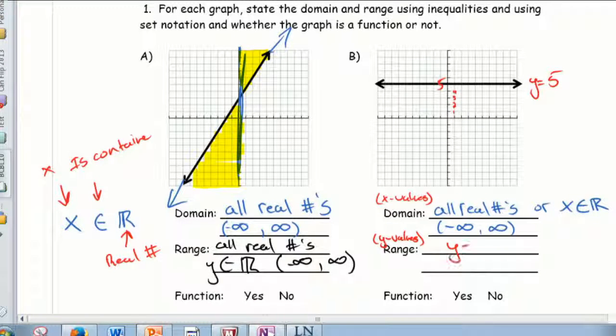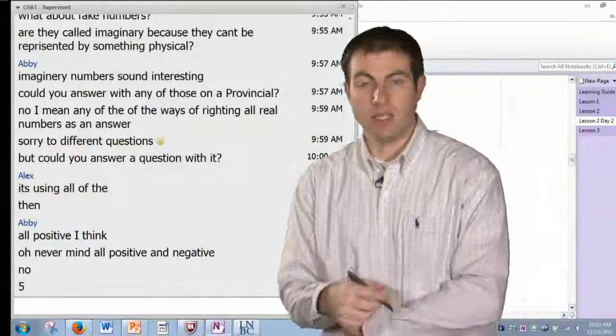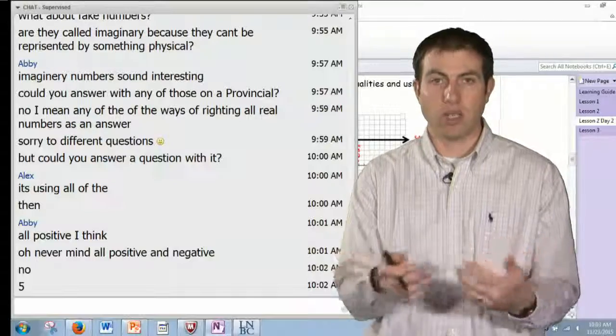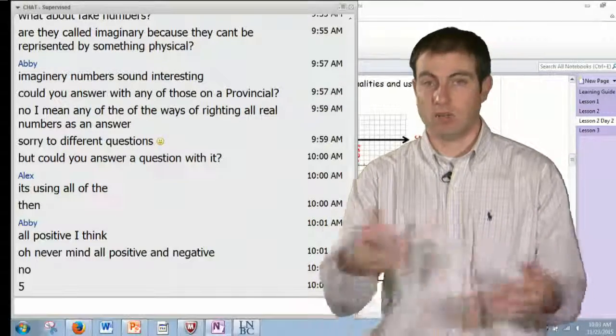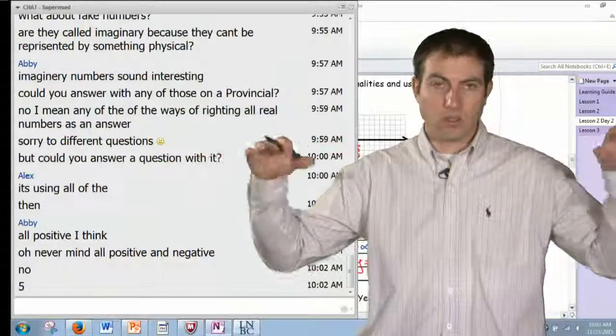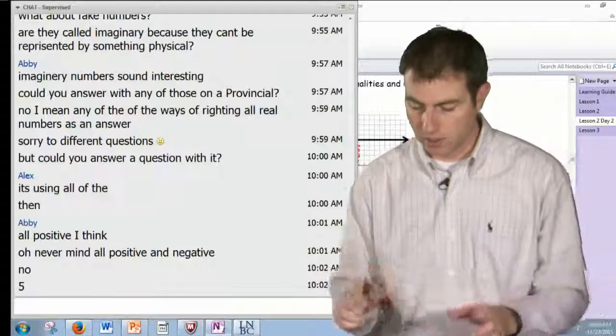In this case, y is equal to 5. Anything else? No, just 5. That's it. It just uses one y value. The equation of the line is literally y equals 5. It's just saying y is 5. So that's going to go horizontal. Horizontal lines can use all your x values, but it's only going to use one y value. In this case, it's 5.